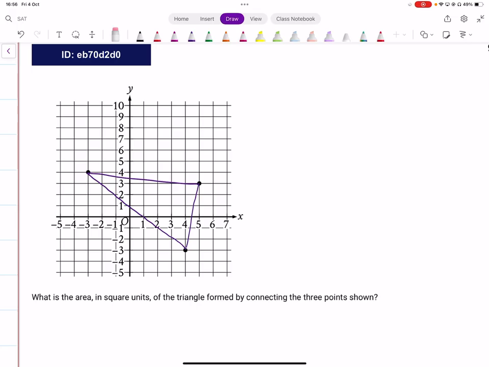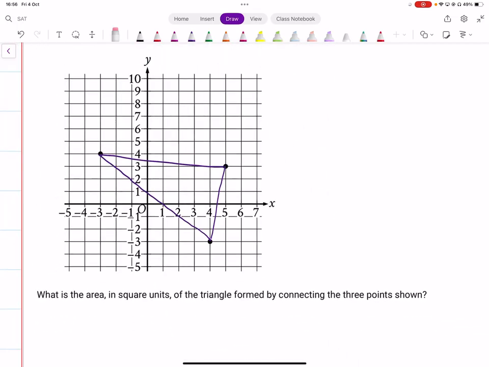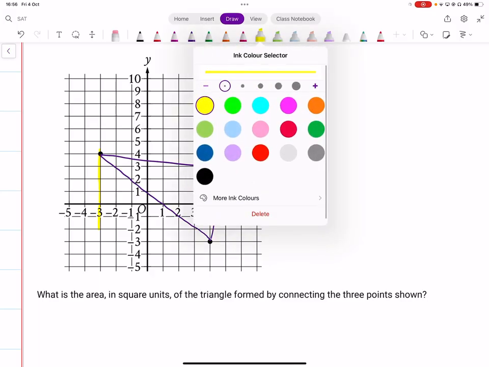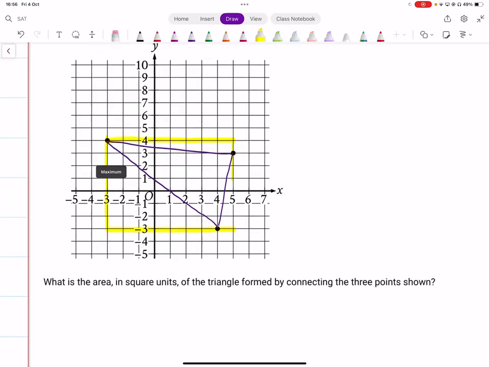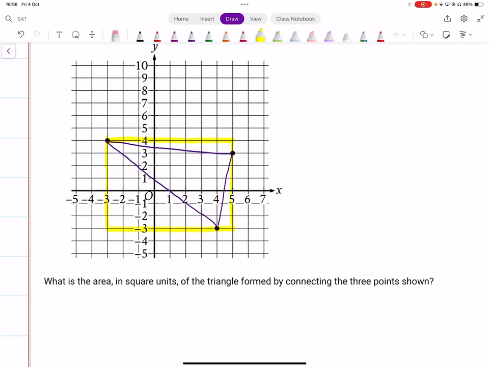There's another way to look at this, and that's like this. Make a rectangle like this that just inscribes this triangle. The smallest rectangle such that the whole triangle would be inside that rectangle. Is that okay?